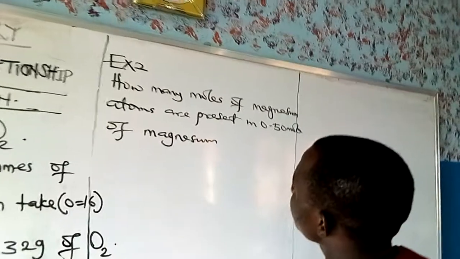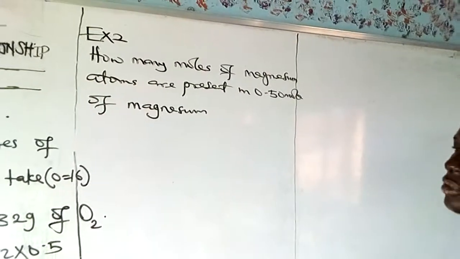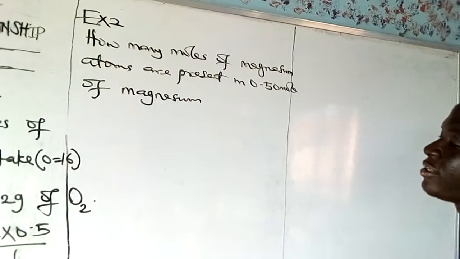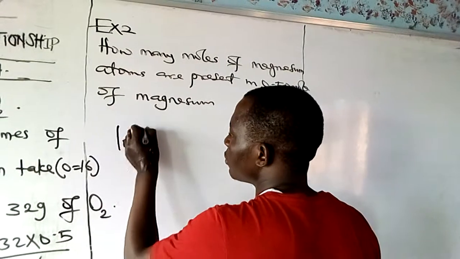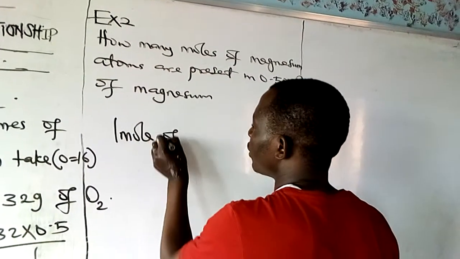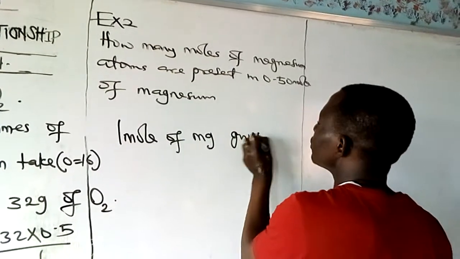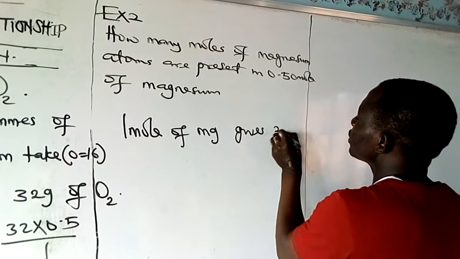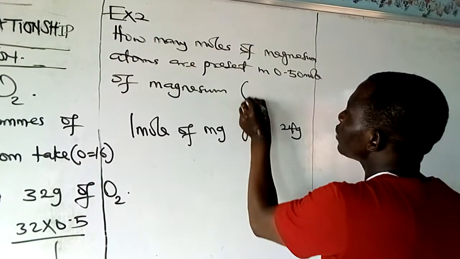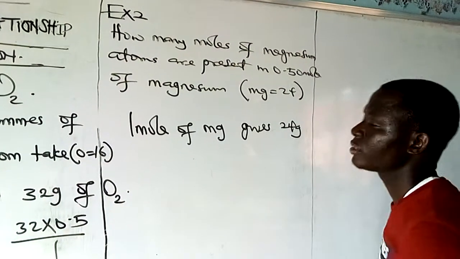How many mole of magnesium atoms are present in 0.5 mole of magnesium? So how can we solve these questions? So 1 mole of Mg gives what? Gives 24 gram, because we are going to take Mg as 24. It's monoatomic.